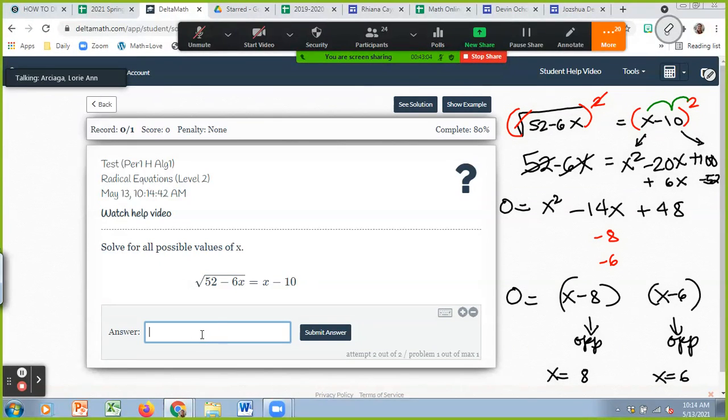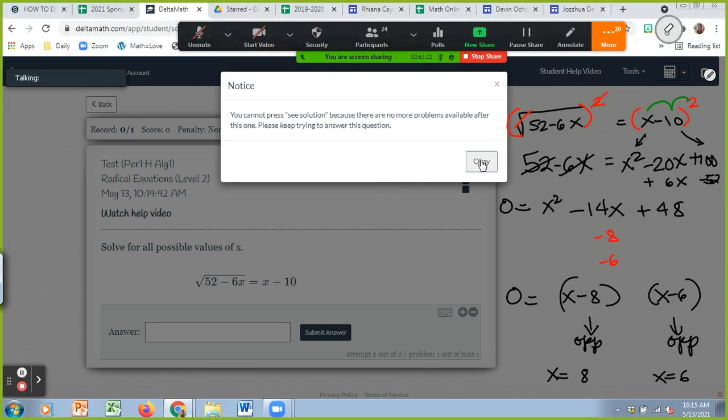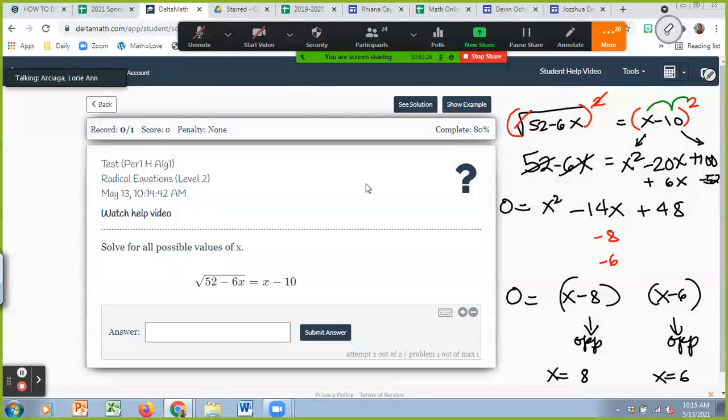So I don't know. 0, no solution? How do you put no solution here? Okay, how can I see it?